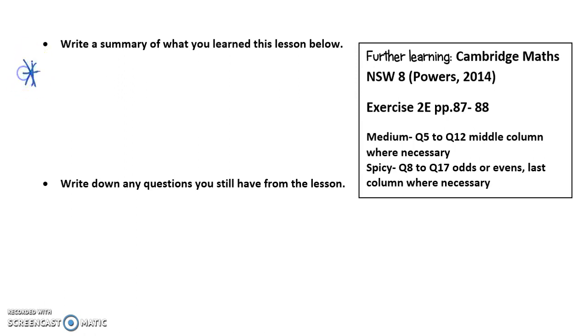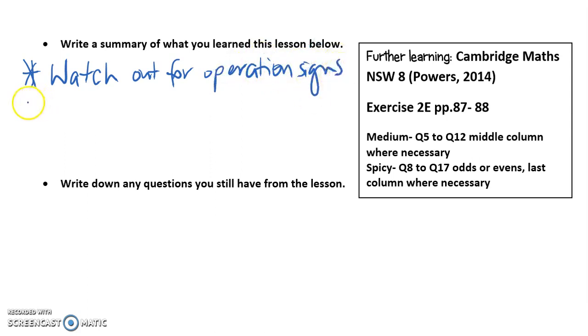So one important thing might be to watch out for the operation signs. So that's like if you got a negative and a negative, or a negative and a positive, what happens? And I'll let you fill in 2 more points, and we'll talk about them when I see you next.